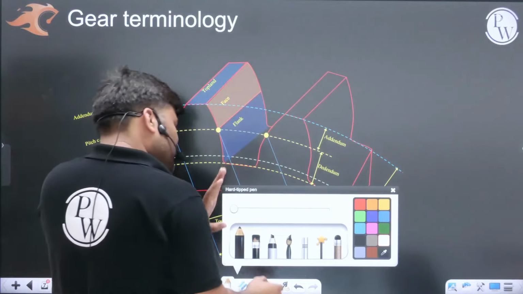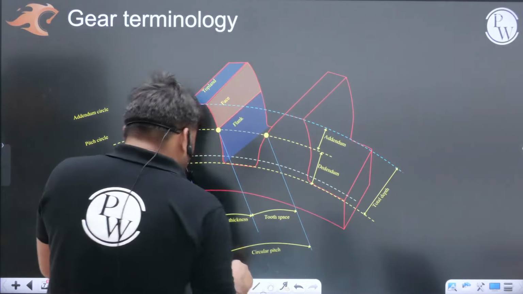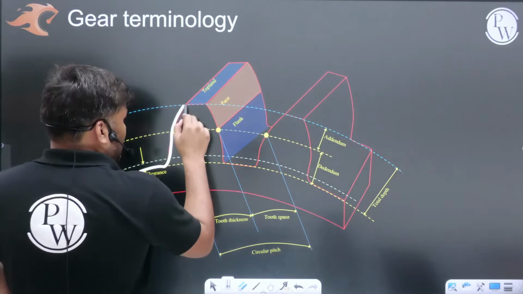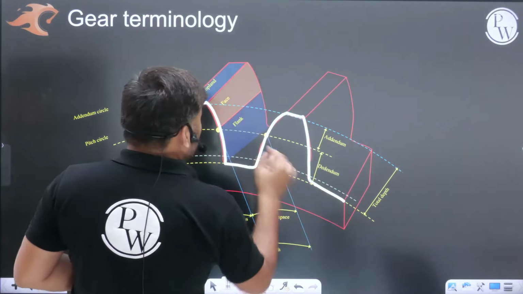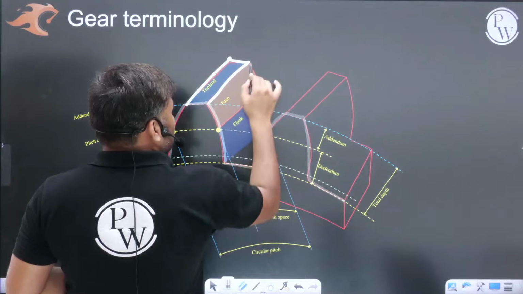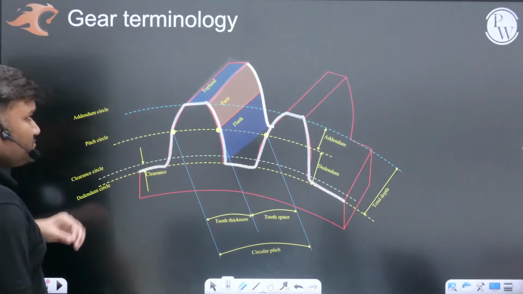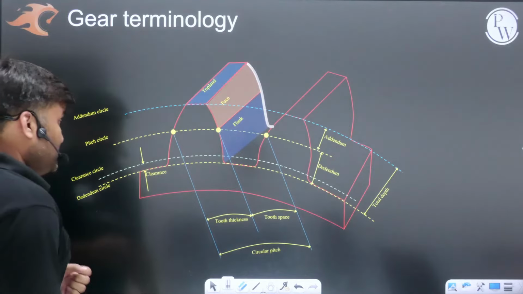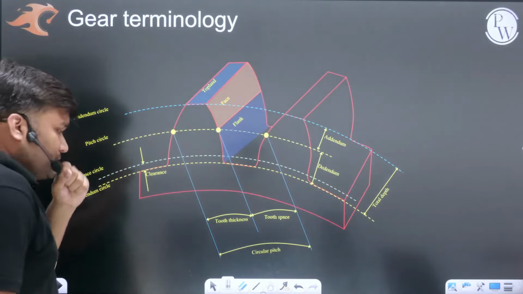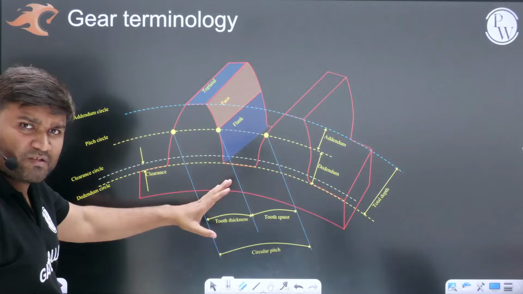I have taken teeth which look like this, and I have tried to make it in 3D. In 3D you can also see face width, etc. I hope this diagram is clearly visible to everybody.